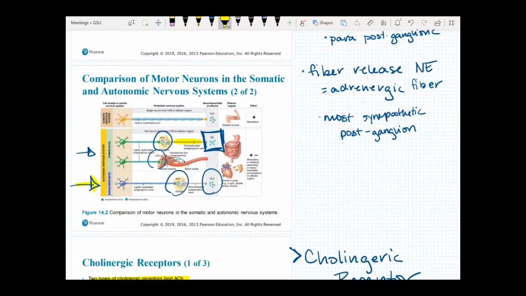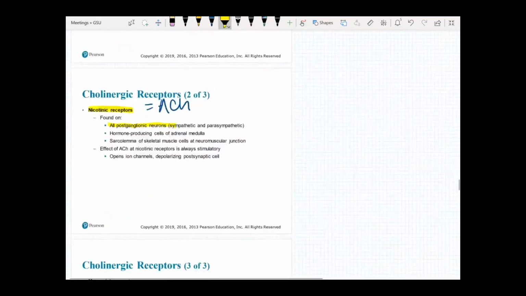All of these are connected to the preganglionic, and the preganglionic is releasing ACH. So a cholinergic receptor is found on all postganglionic neurons, whether sympathetic or parasympathetic. It is also found on adrenal medulla hormone-producing cells and, as we know, the neuromuscular junction in skeletal muscle.